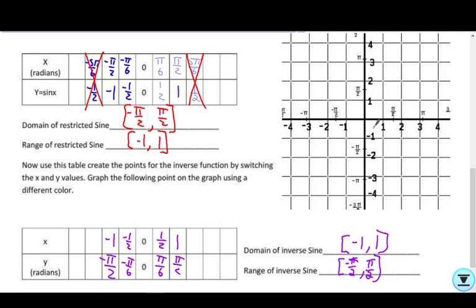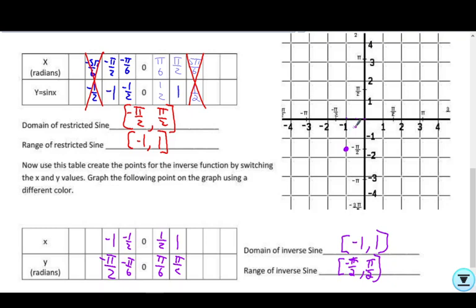Okay? So my first point is negative 1, negative pi over 2, so right there. Then negative 1/2, negative pi over 6. So if this is pi over 2, pi over 6 is going to be like a third of that, which is going to be right here.